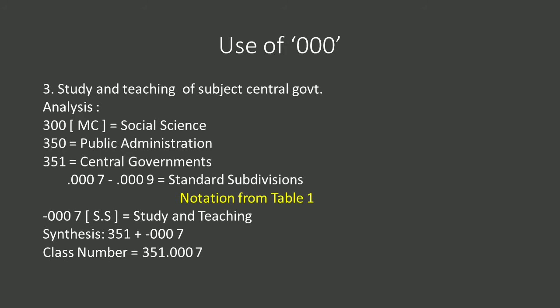So, under 315 central government, 315 has many subdivisions in the schedule. You can find in the schedule under 351.000 7 dash to .000 9 equals standard subdivision.